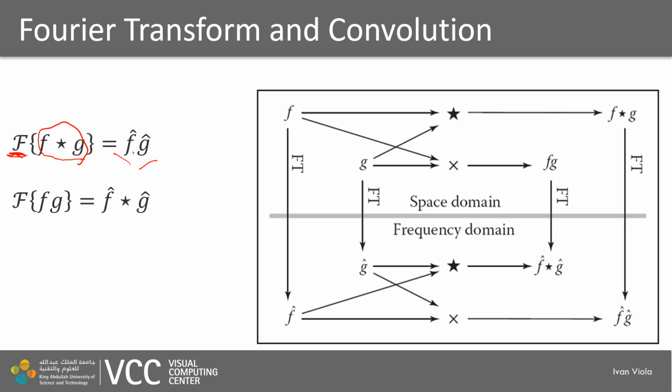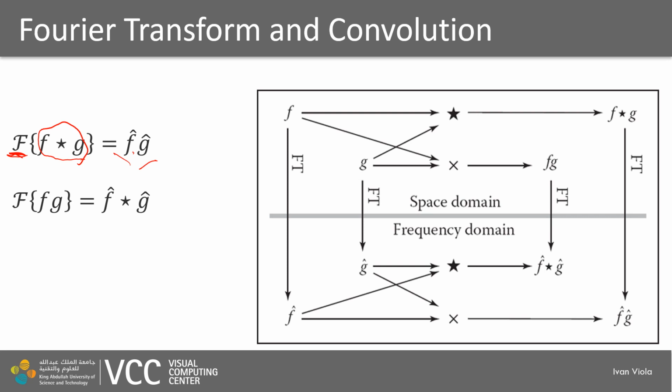And then after we perform the multiplication, we can transform this multiplied output signal back to the spatial domain. We could possibly have a lower complexity of our computation by transforming the complex problem into a simpler problem in the frequency domain.